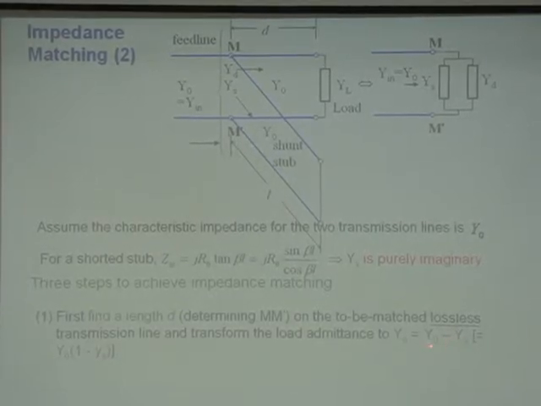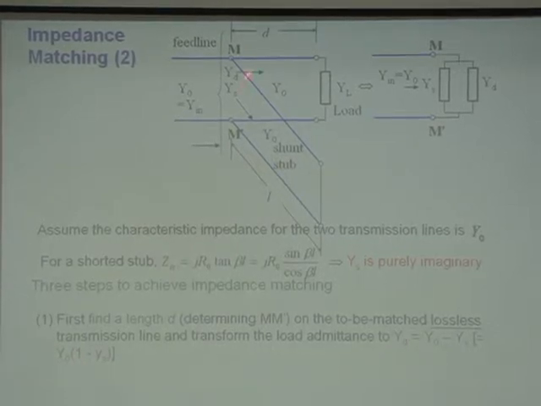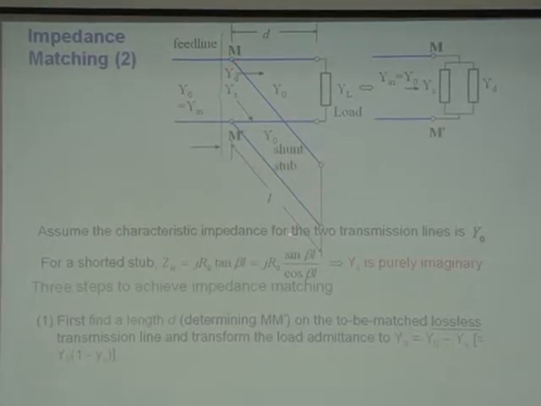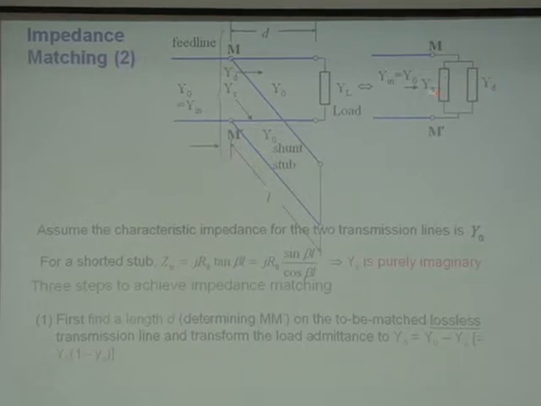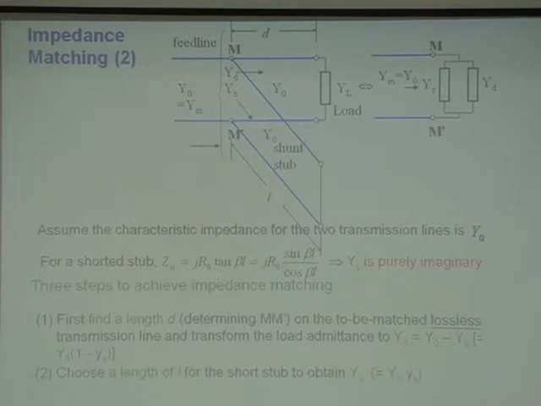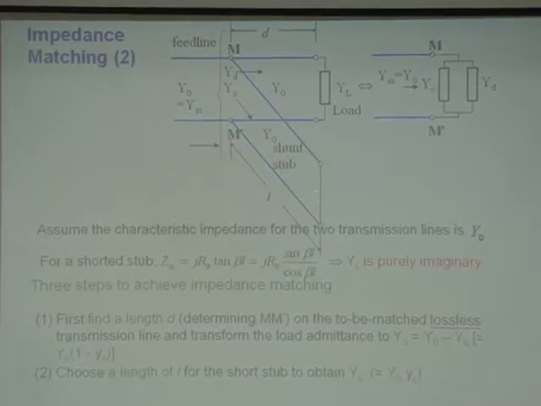The purpose of having this value is that later on, once you put this line into place, the total input admittance now is equal to this YD plus YS. So you can cancel out this YS, right? Then you find a line and make it a short circuit, then you have a short circuit admittance, and then you add these two terms together, Y0 minus YS plus YS, and of course you get Y0, right?